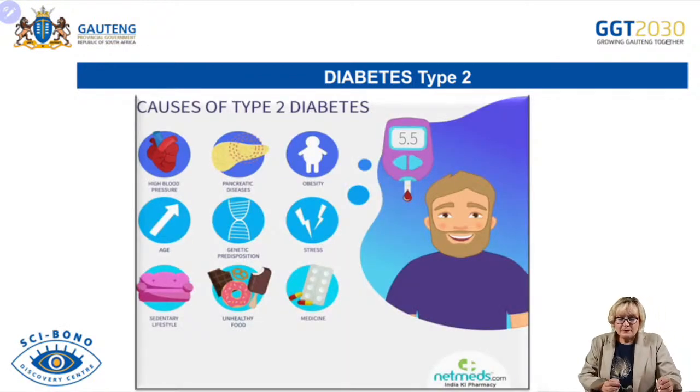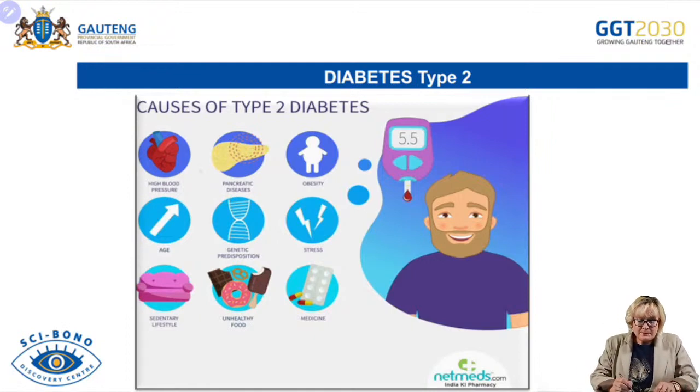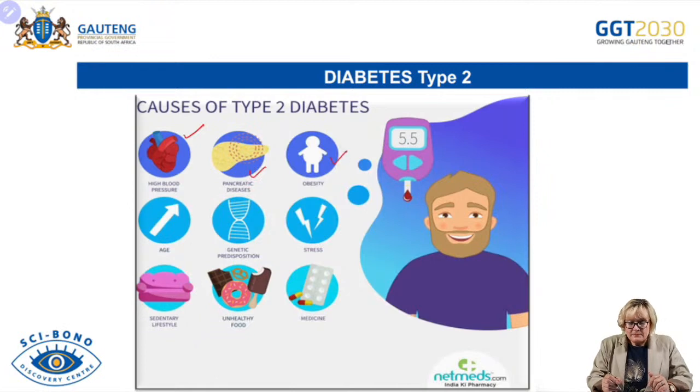Causes of type 2 diabetes: high blood pressure can lead to type 2 diabetes, pancreatic diseases, obesity. So people that are very, very overweight, that can lead to type 2 diabetes. Age, so we find this more in older people. Genetic predisposition, stress, so stress levels are not good.